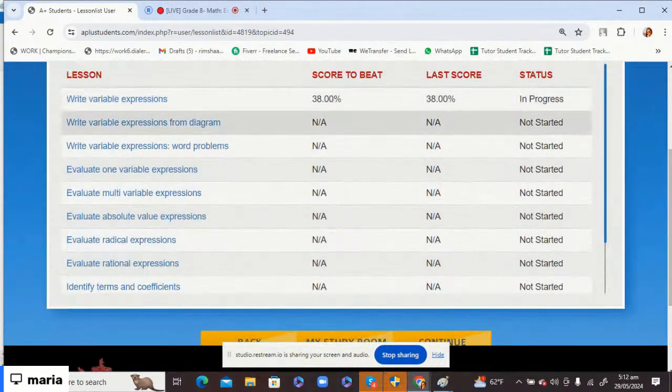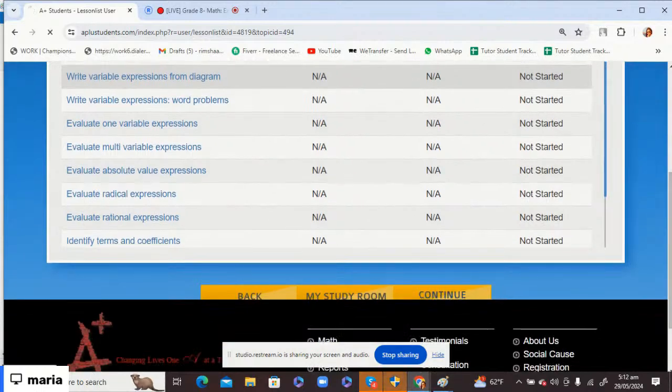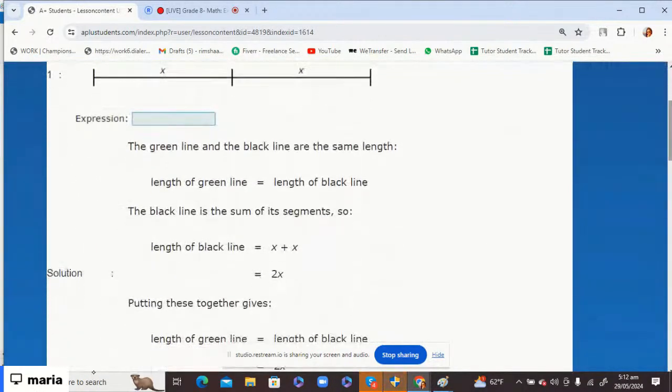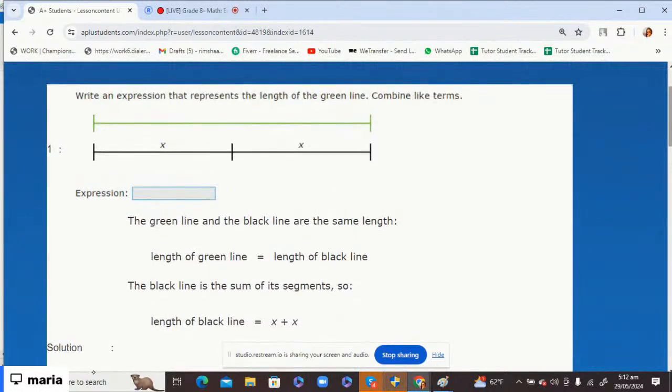Now let's move to the second lesson, that is write variable expressions from the diagram. Okay. So look here. Write an expression that represents the length of the green line, combining like terms. So basically, the length of the green line equals the length of the black line.